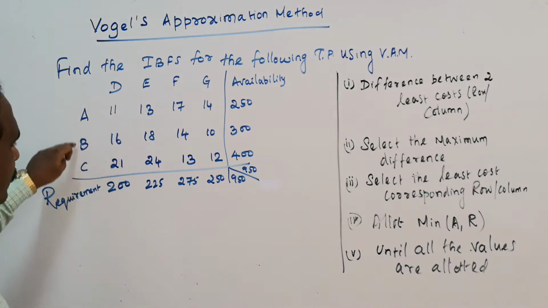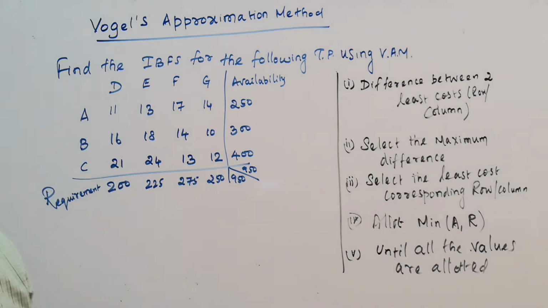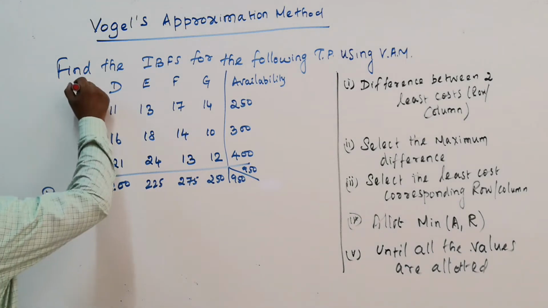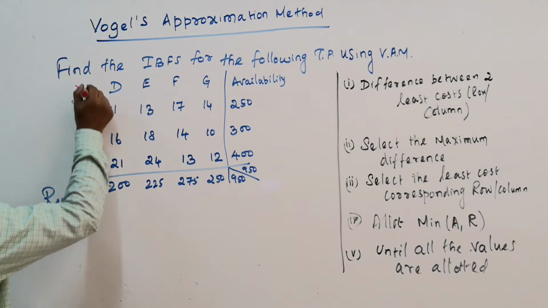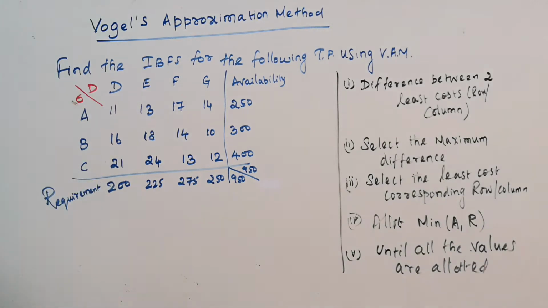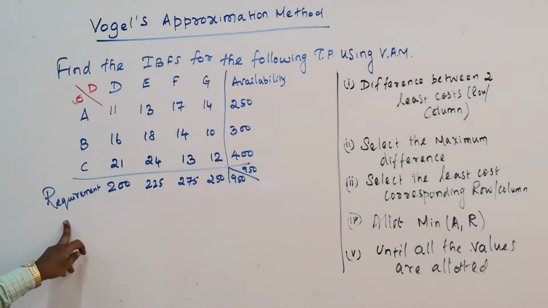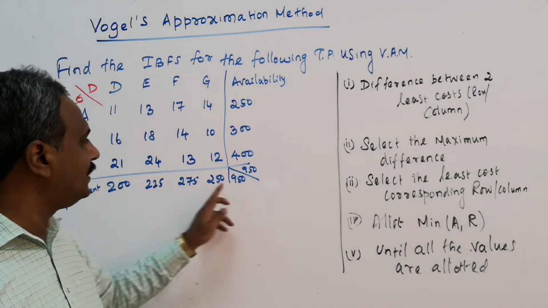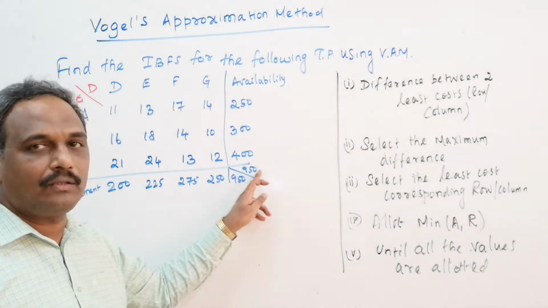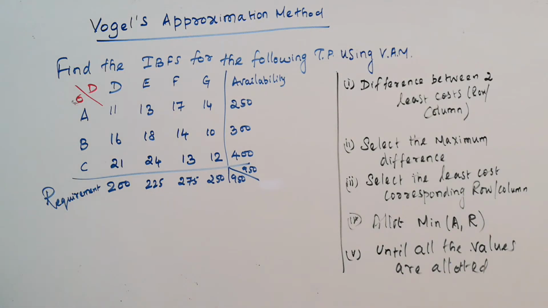We have 3 origins and 4 destinations. The corresponding availabilities and requirements are given. When we check the availability and requirement, the total is 950 for both. This is a balanced transportation problem.